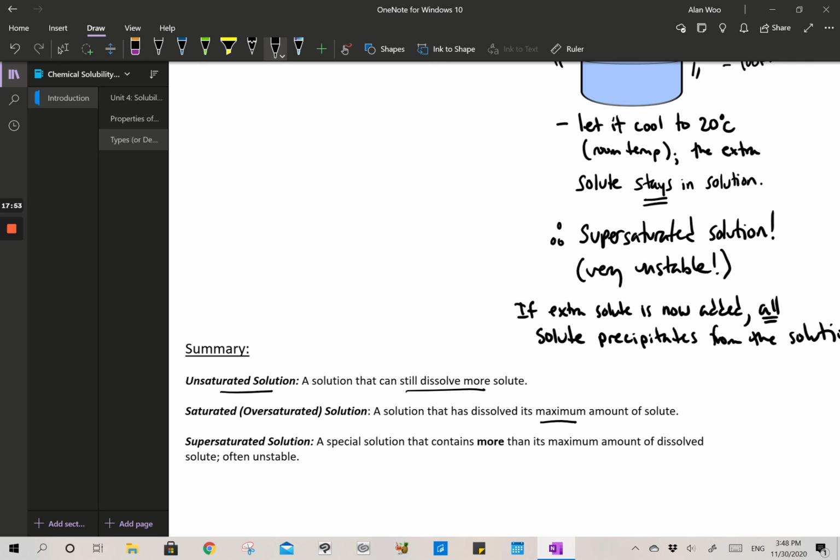And then we have that special case of a supersaturated solution that somehow contains more than the maximum amount dissolved. Often it's unstable, and there is a procedure that you would have to follow to create that particular type of solution. So I hope all this has helped you to identify the various degrees of saturation that can be typical of a solution.